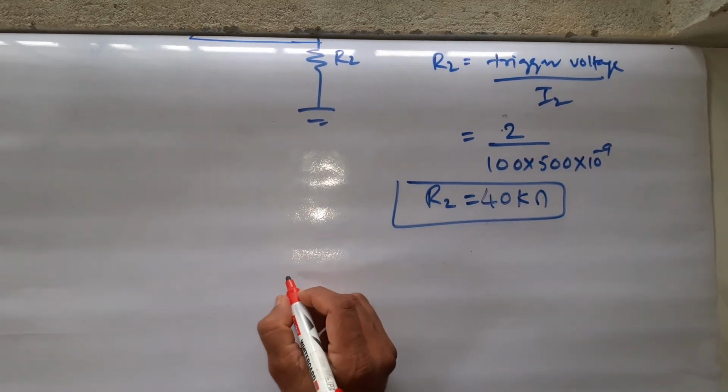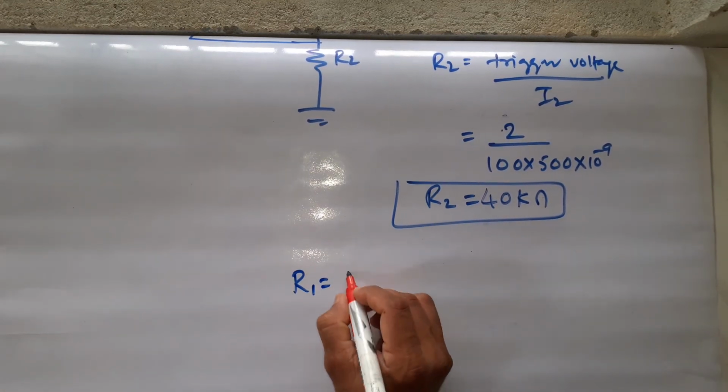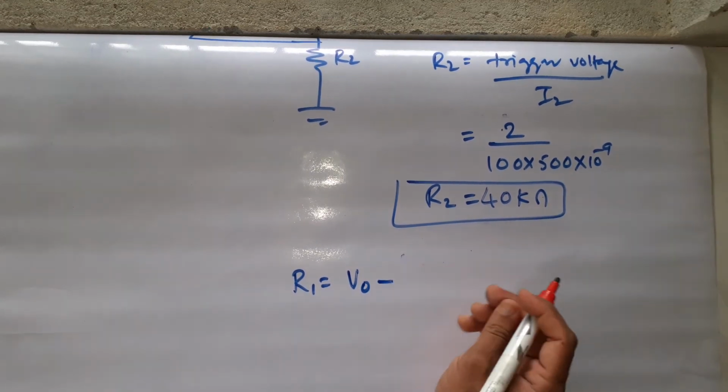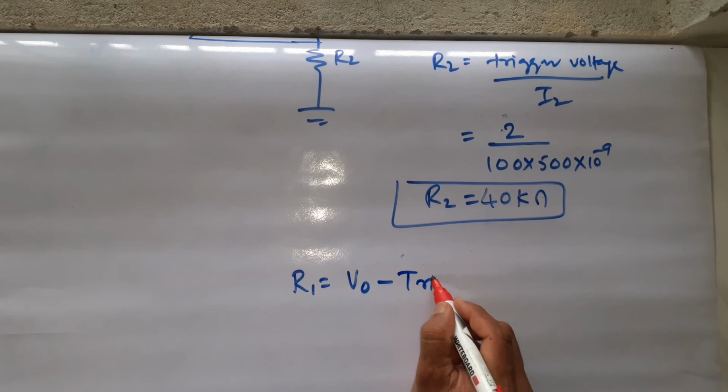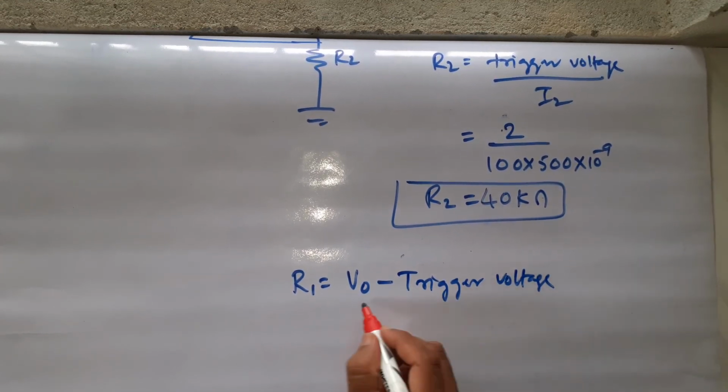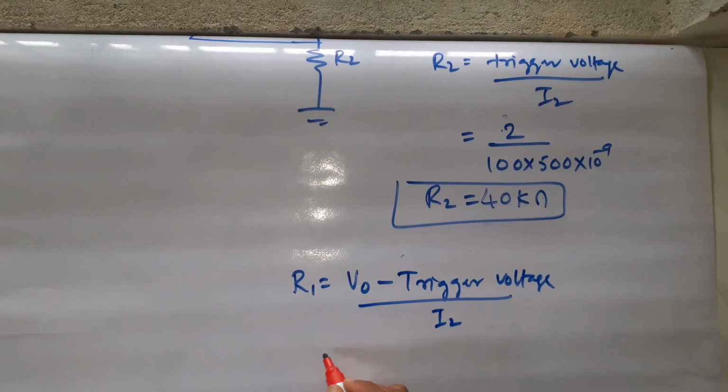R1. So R1 you have to calculate like this: V0 minus trigger voltage divided by I2, that is 11 volts minus 2 volt divided by I2.